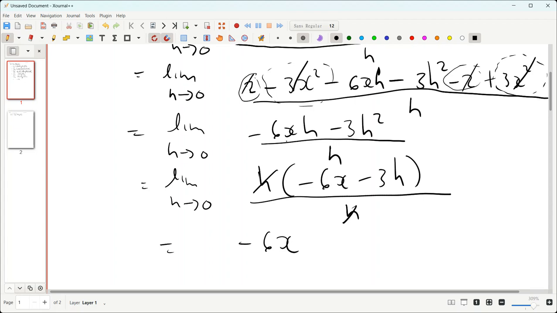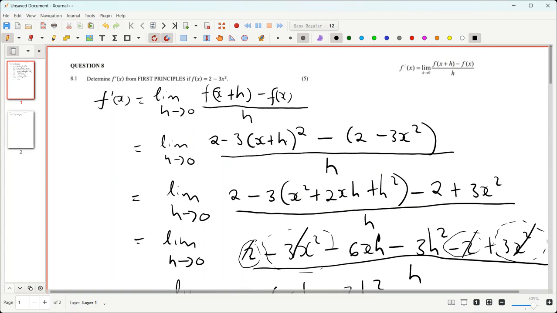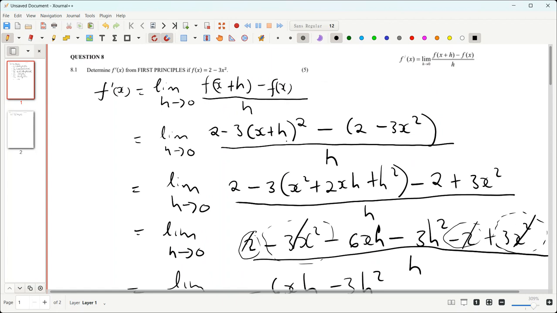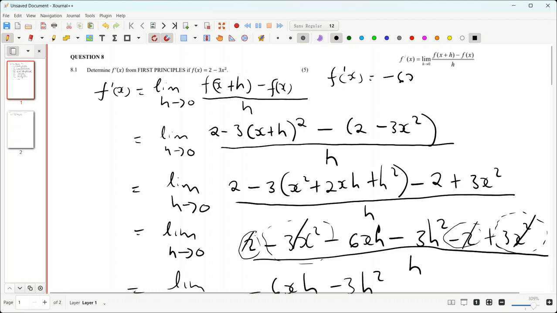So your final answer will be minus 6x. You can always test this out. When you find the derivative of this, the derivative of 2 is a constant, so it will be 0, and the derivative of minus 3x squared is minus 6x.